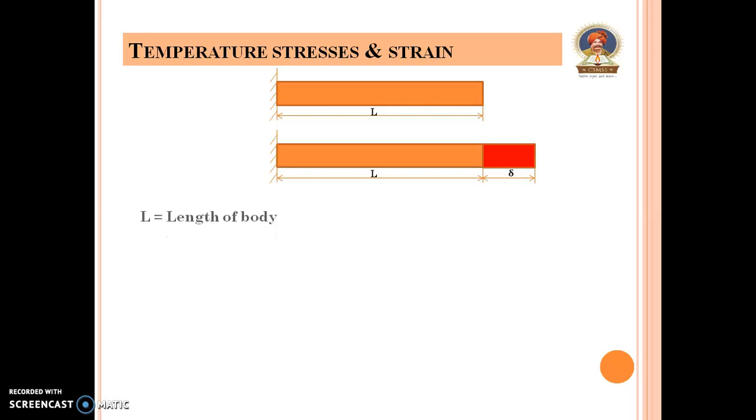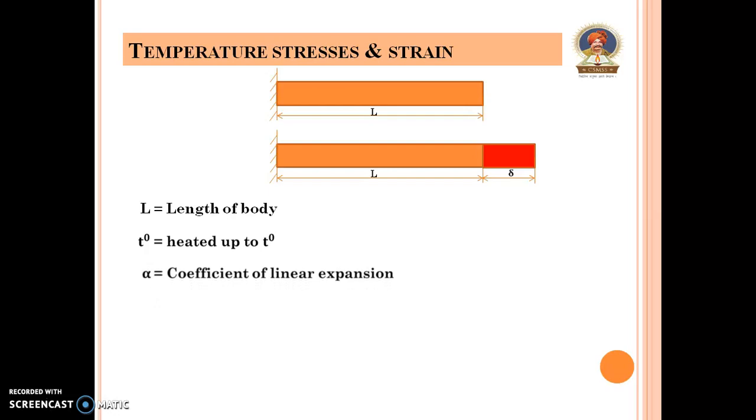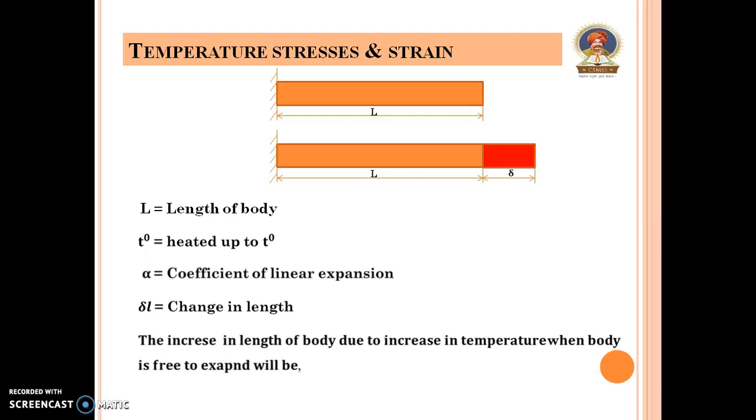Here L is the length of the body which is heated up to T degrees Celsius, alpha is the coefficient of linear expansion, and delta L is the change in length. The increase in length due to increase in temperature, when the body is free to expand, will be delta L equal to alpha into T into L.